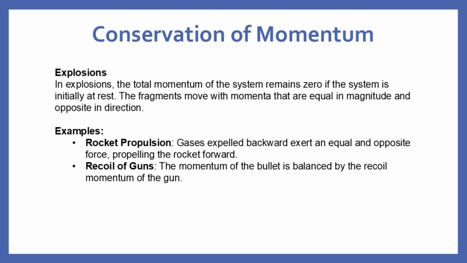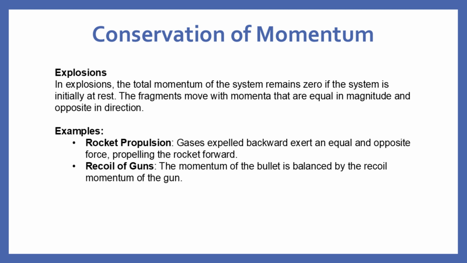Let's talk about the conservation of momentum in explosions. When a system is initially at rest, the total momentum remains zero. During an explosion, the fragments move with momenta that are equal in magnitude but opposite in direction. For example, in rocket propulsion, gases expelled backward exert an equal and opposite force, propelling the rocket forward.